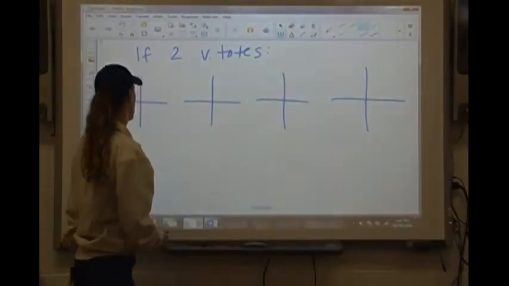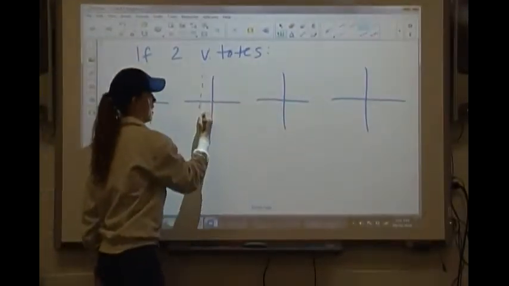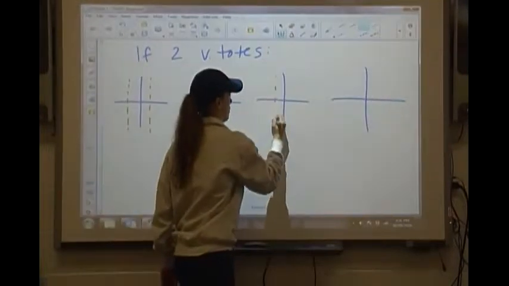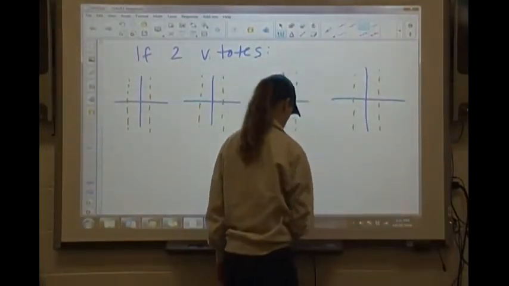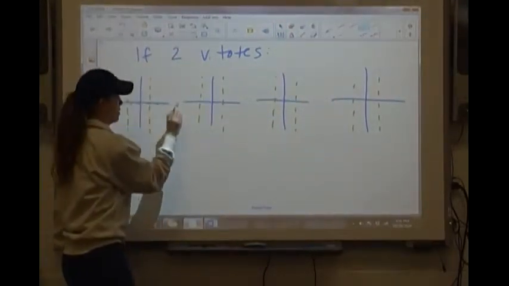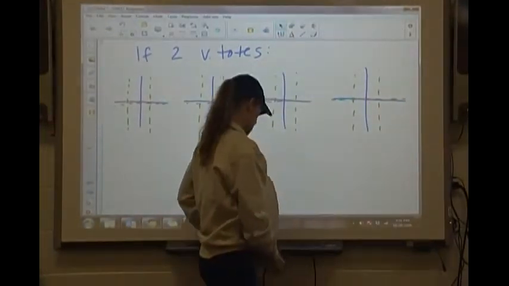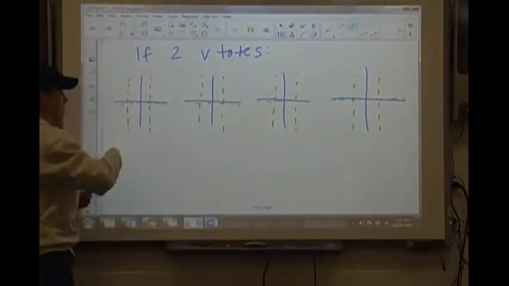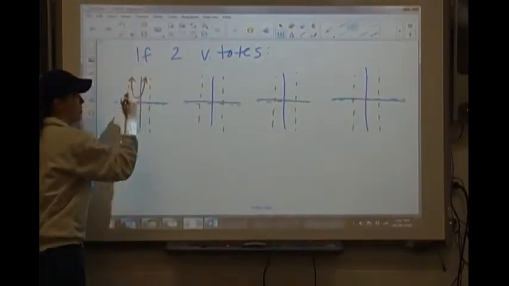I'm going to draw in two vertical asymptotes here, two again, and two again. You have two scenarios for what could happen in the middle, and I'm just going to draw my horizontal asymptote right across the middle. In between these two vertical asymptotes, you can have a parabola, and it kind of looks like this, right in the middle there.